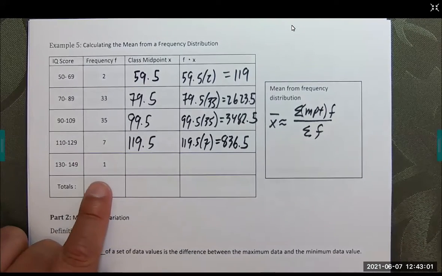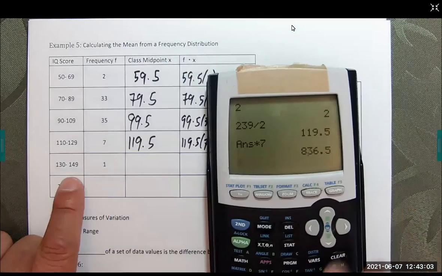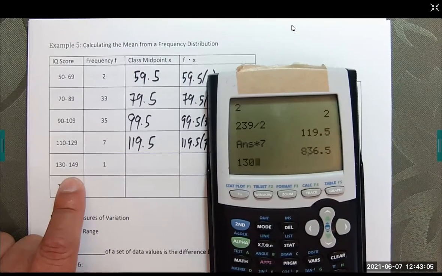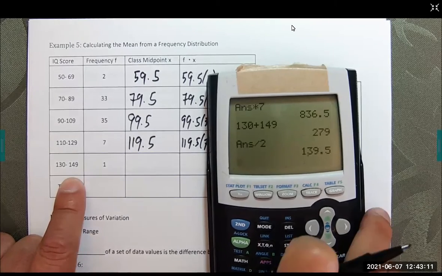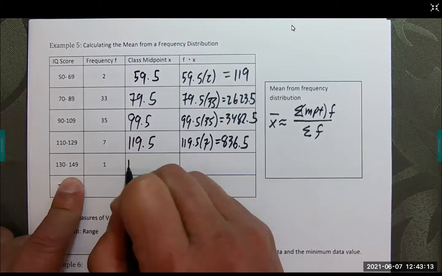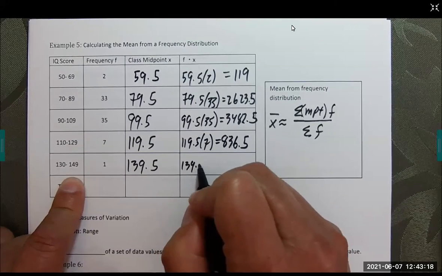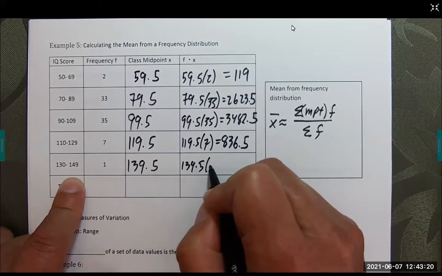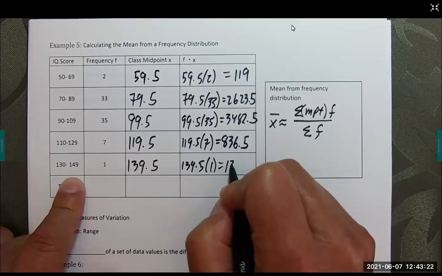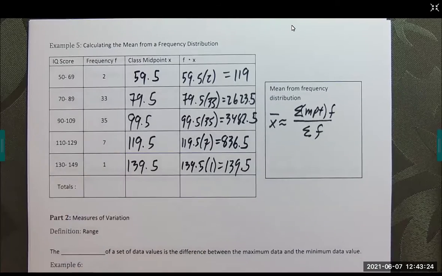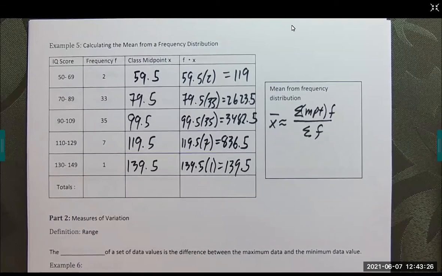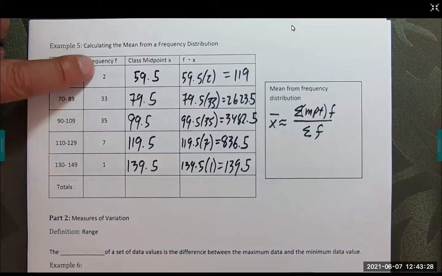Here we have 130 plus 149 divided by 2. If we add those up, let's add this up first.